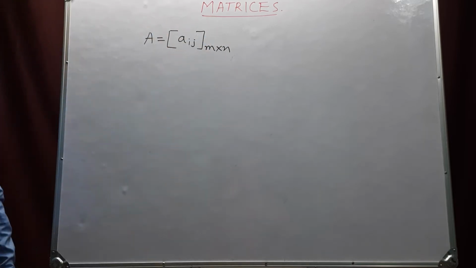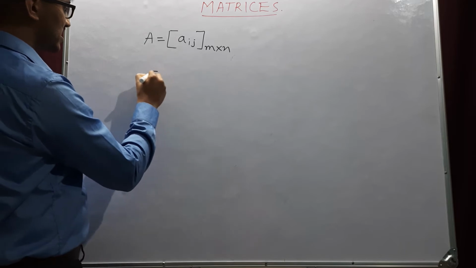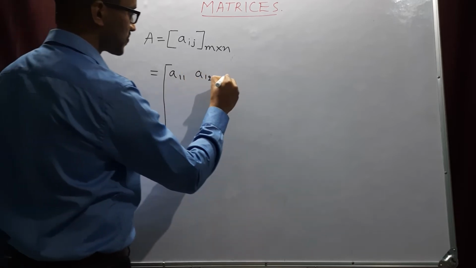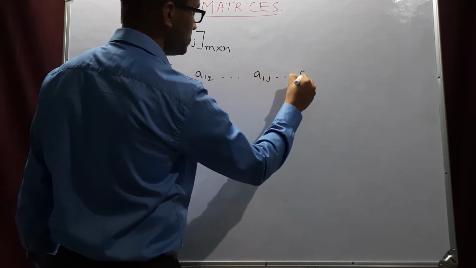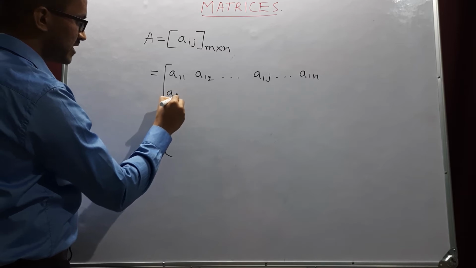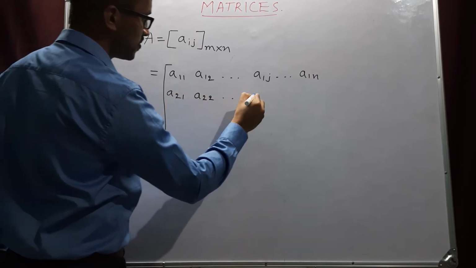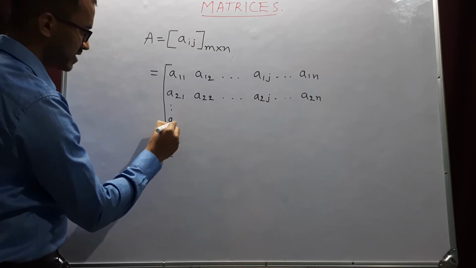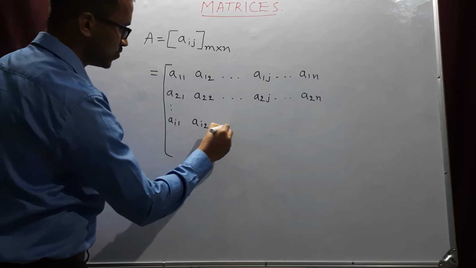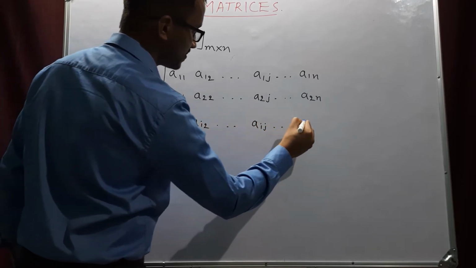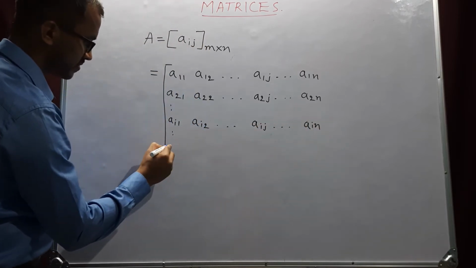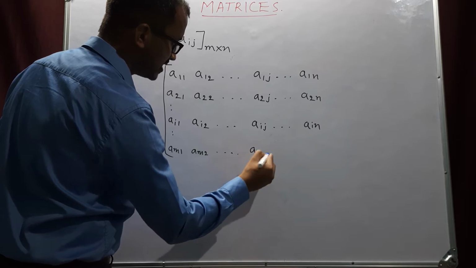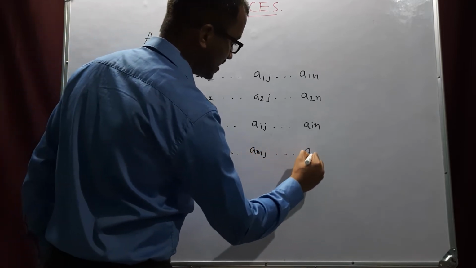So this is the general notation of the matrix, or we can write it like this also: a11, a12, a1j, so on, a1n; a21, a22, so on, a2j, a2n; ai1, ai2, so on, aij, ain; so on, am1, am2, amj, so on, amn.